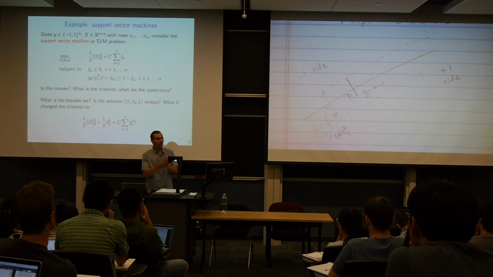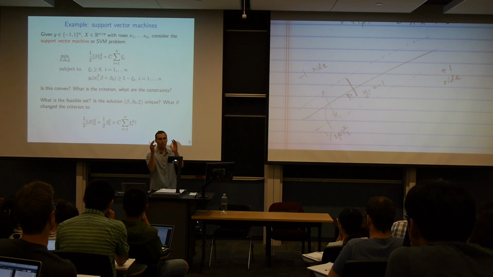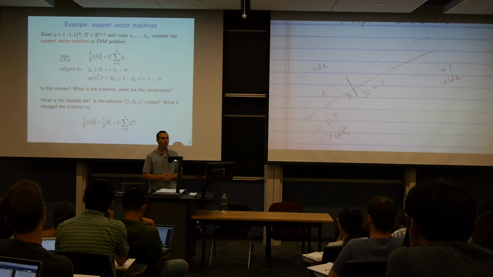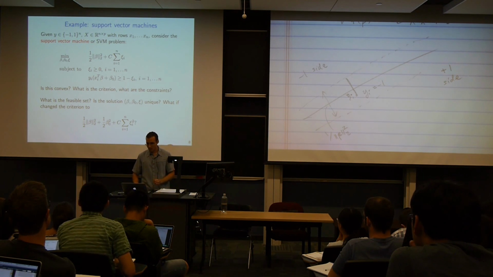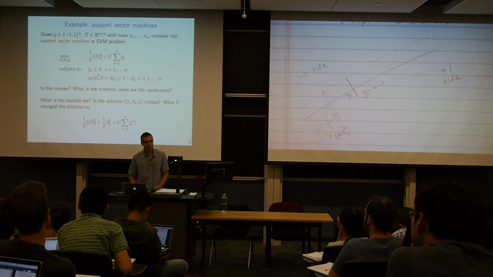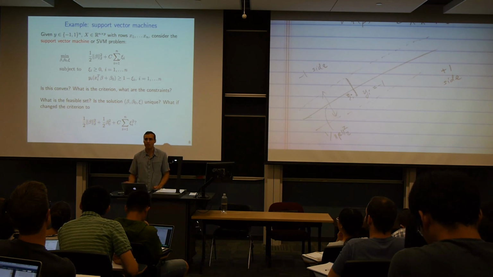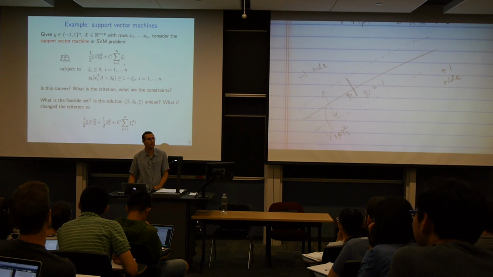Remember, the big variable here is called z: beta, beta naught, psi. It's a triplet of those three. Is this strictly convex in z? It's not, right? Because it has this linear component in one of the parts of z, psi_i.